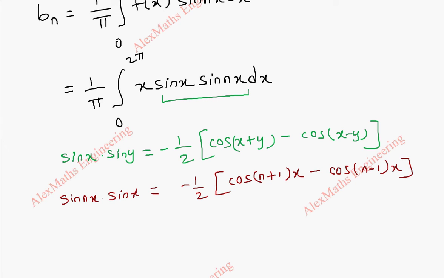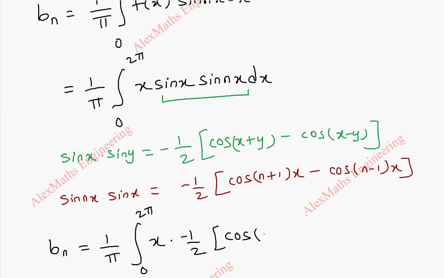Now coming to the integration term, Bn is 1 by pi integral 0 to 2 pi x into minus half, so minus 1 by 2 into cos of n plus 1 x minus cos of n minus 1 x dx.